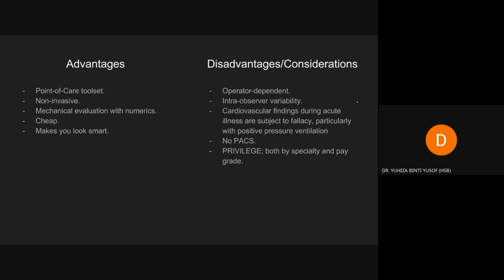Okay, so we have talked a bit about the advantages and disadvantages. It represents an expanded tool set. It's non-invasive. It's accessible to us. It's cheap. You look smart. But it also comes with a set of disadvantages that you have to consider. Even among those who are proficient, people tend to argue about findings and how best to do an examination.